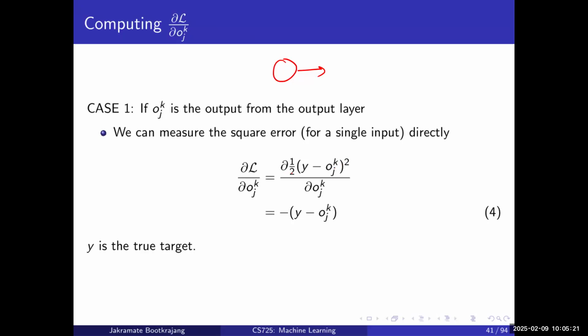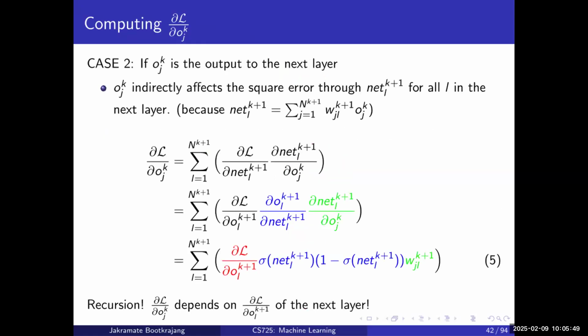So this is your loss. And if you take this derivative, you get the difference between your output and the actual output. So this is the simple case when you are at the last layer.